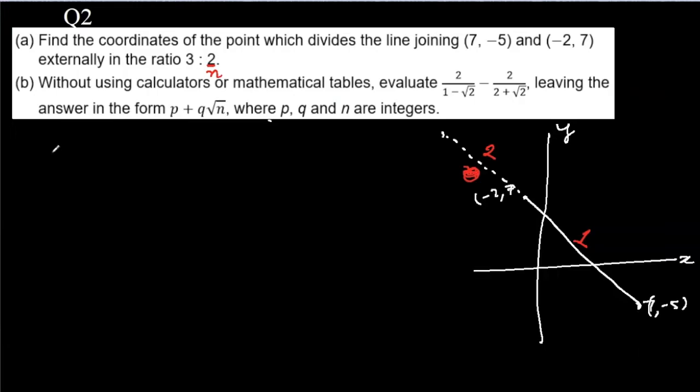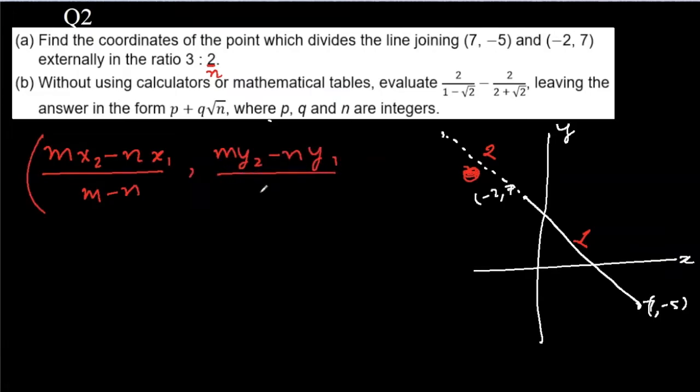And the formula for that is (m x2 minus n x1) over (m minus n). This is the x coordinate. And similarly, (m y2 minus n y1) over (m minus n). This is the y coordinate. Now the question arises that we can extend this way also.